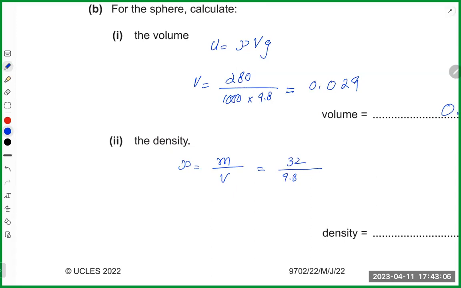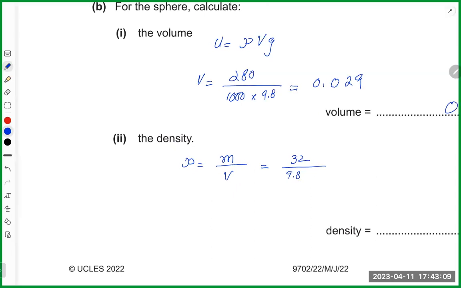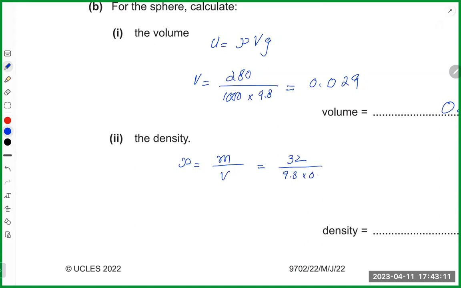When we divide weight by 9.8, we get mass, and then divide it by 0.029. So what do we have over here? Sir, 110. Sorry? 110. 100? 10. Okay. Kilograms per meter cube.